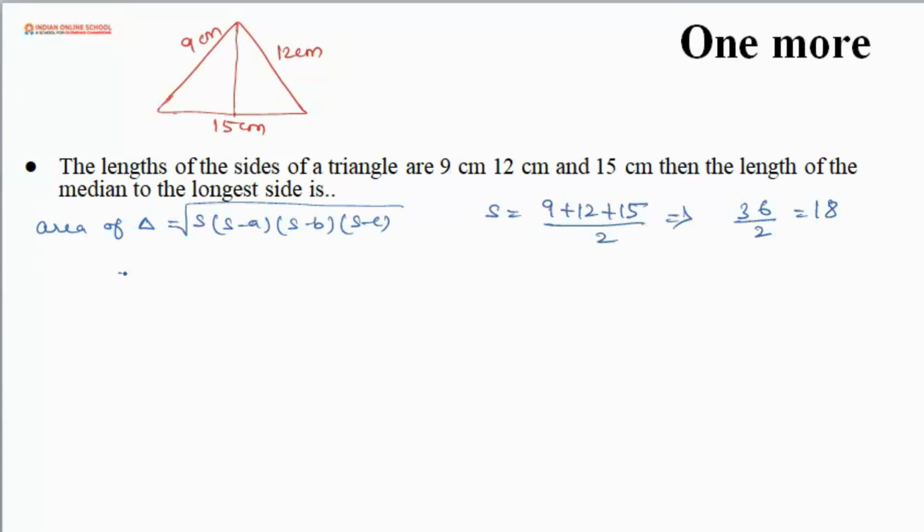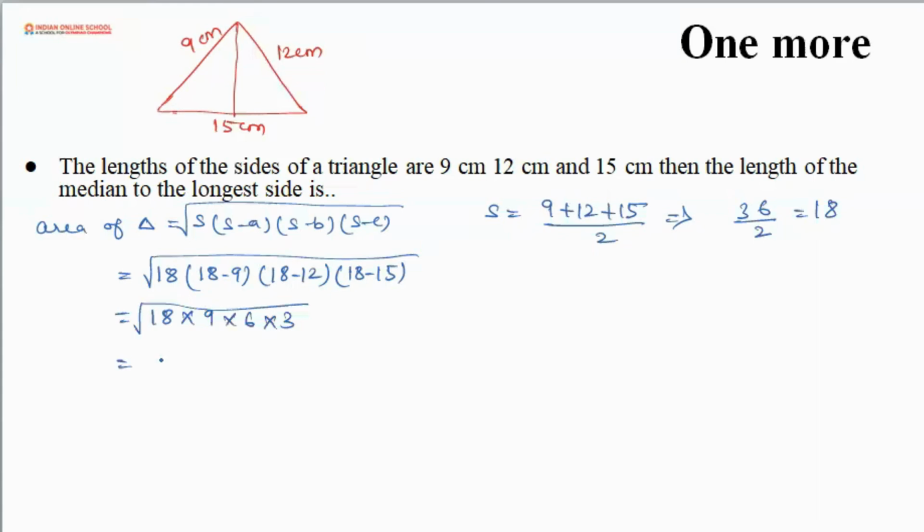Okay, so now we are going to put the entire thing in the formula, which is 18 minus 9, 18 minus 12, and 18 minus 15, the entire root of that. We are going to get 18 times 9 times 6 times 3.